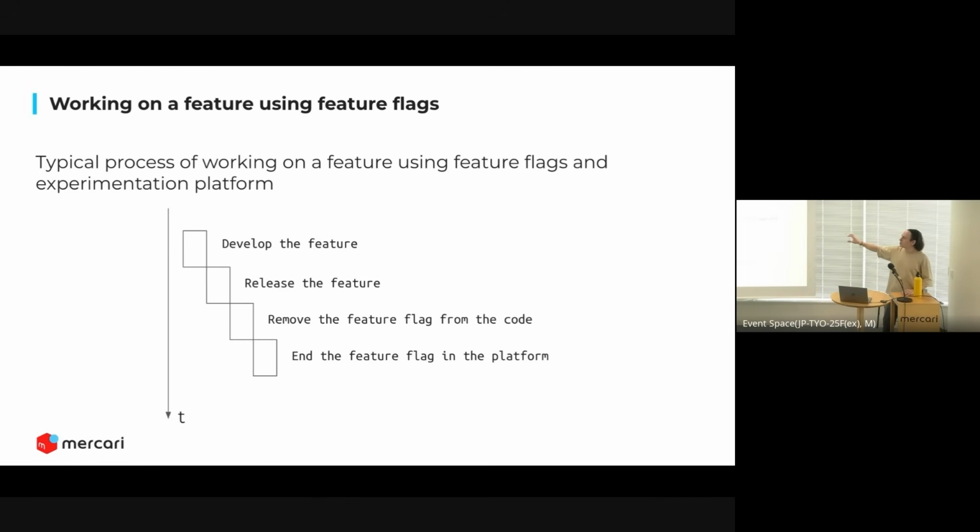Then you release your feature, and when it is released and rolled out and you're okay with that, you go and remove the feature flag from your code because you don't want to accumulate instrumentation that you don't need. And then after that is done, your binary is updated, you can go to the experimentation platform and finish the feature flag.